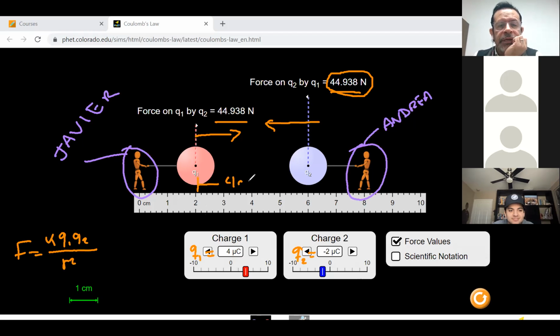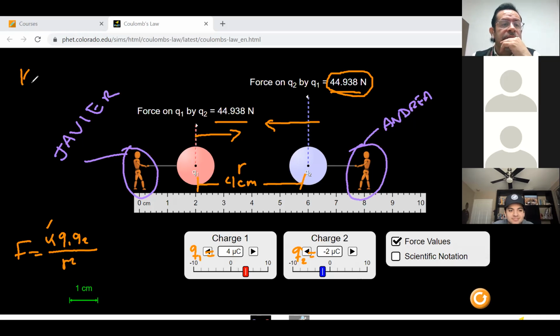The 4 centimeters, or rather 0.4 meters, is the distance, and K is going to be a constant that we're going to be talking about.